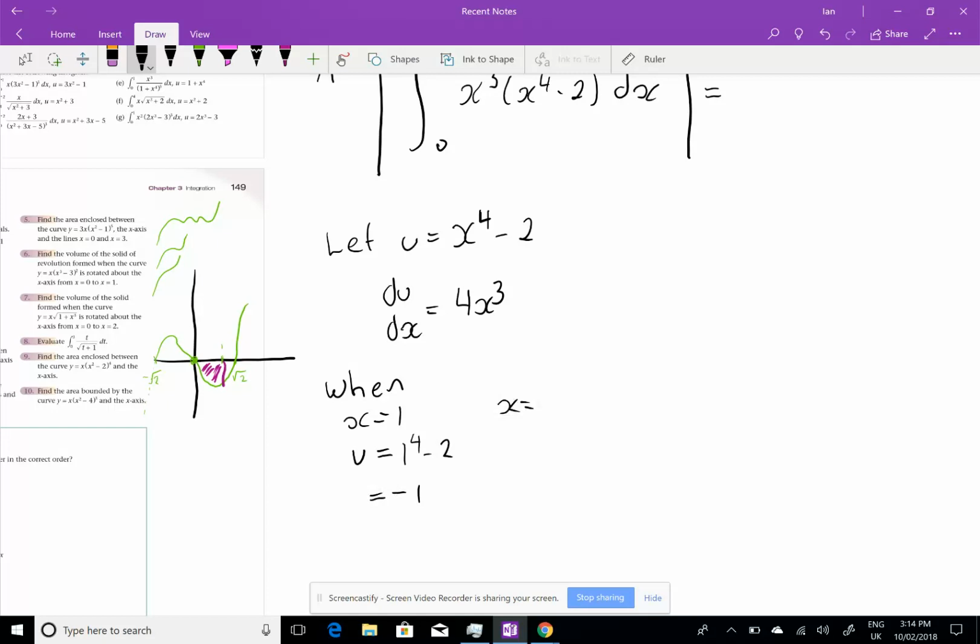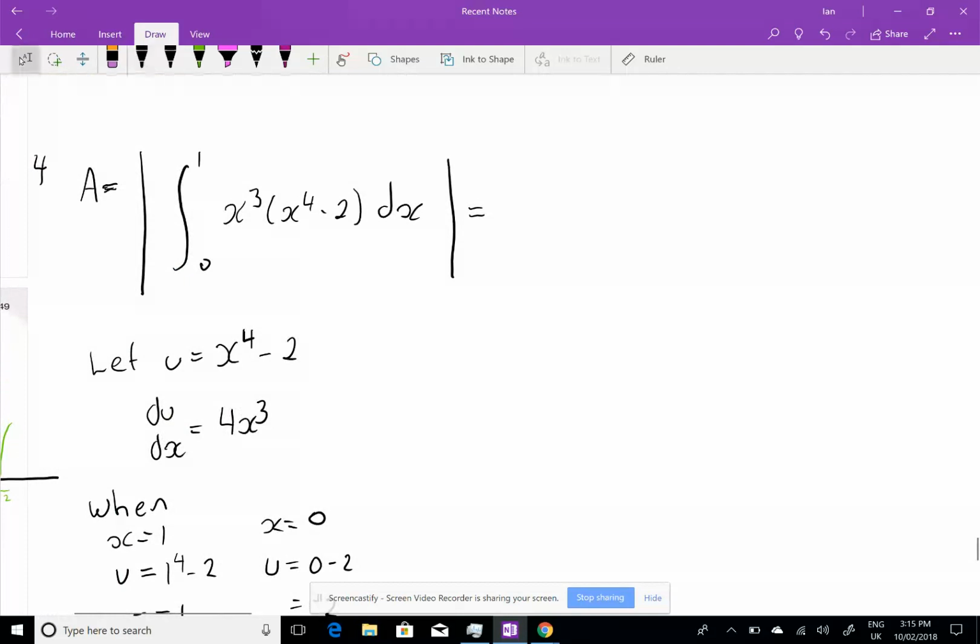When x equals 0, u equals 0 minus 2, which is minus 2. For those people who are writing du in terms of x, so du equals 4x cubed dx, and those people who are doing this method, du on 4x cubed equals dx.